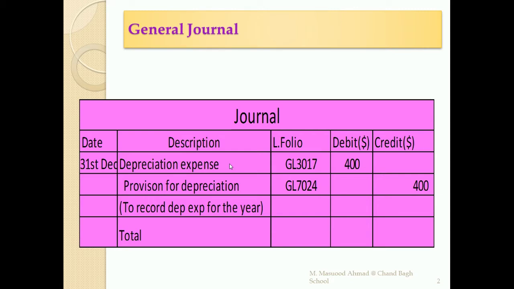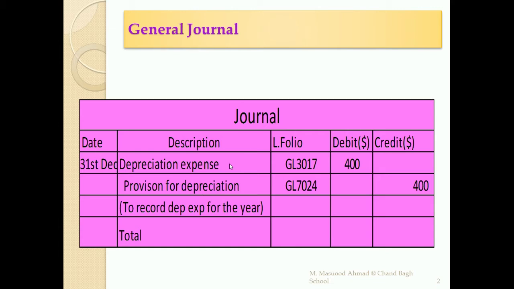Initially he writes the transaction here, mentioning that I will debit this account and credit that account, and that is just for his own memorization. It is not a part of the double entry system.